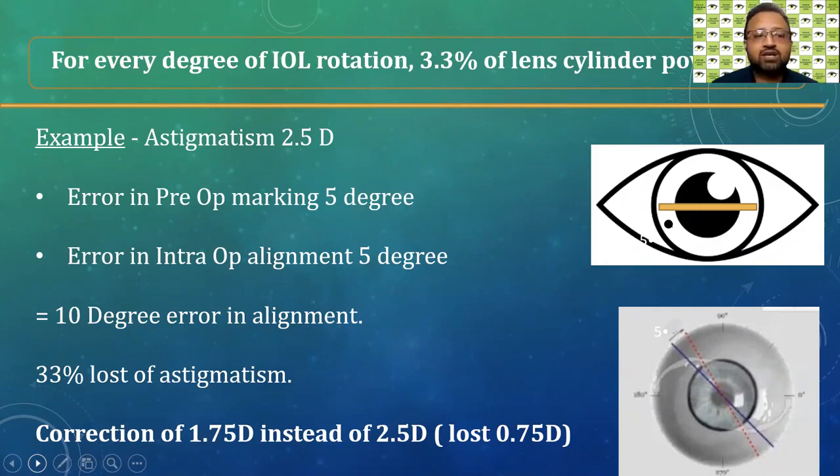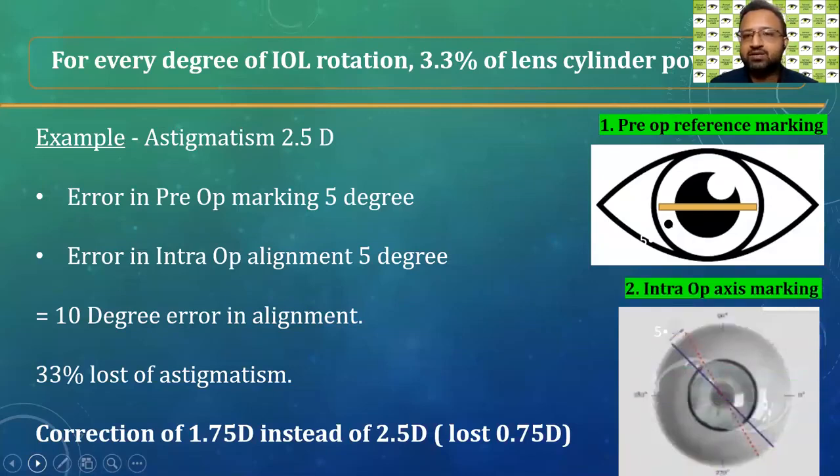So we have a total of 10 degrees of error of alignment. When there is a 10-degree error, there is a 33% loss of astigmatism. So for the patient with 2.5 diopter of astigmatism, we are correcting only 1.75 diopter instead of 2.5 diopter. So there is actually a residual 0.75 that was not corrected. So this is very important.